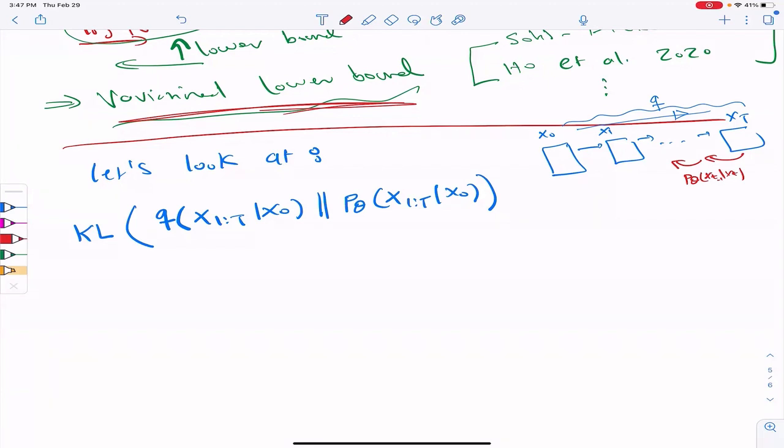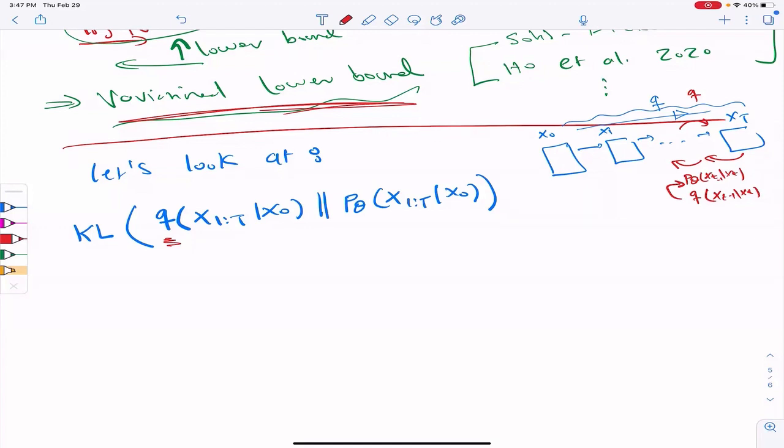So roughly speaking, what was my goal? Remember, I couldn't compute Q for the reverse process, so I couldn't compute Q of xt minus 1 given xt. That was the reason I modeled that using p sub theta of xt minus 1 given xt. So I'm hoping the induced distributions on x1 to T through Q and p sub theta are close to each other.